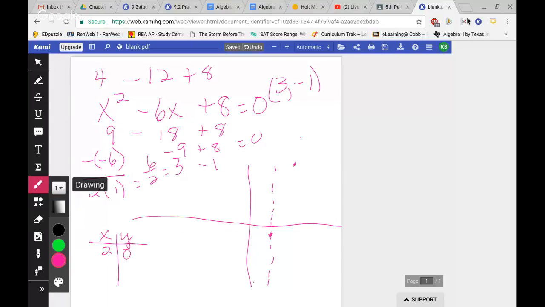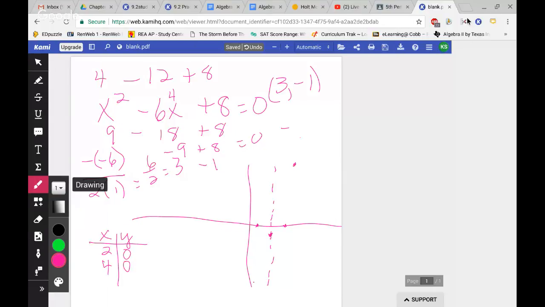So 2, 0. And 4, which is going to give me 16 minus 6 times 4, which is 24, which is going to give me negative 8 plus 8, which is 0.